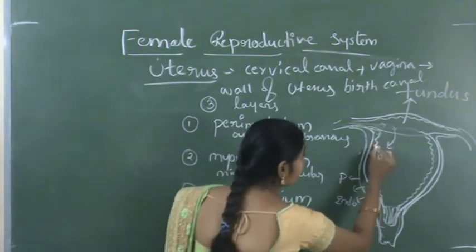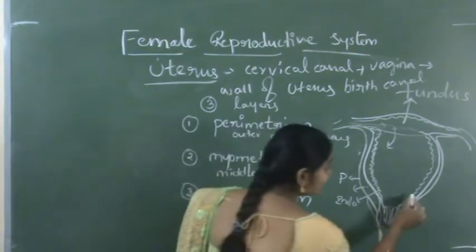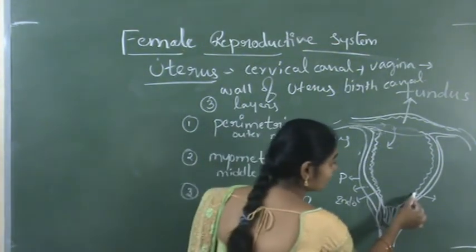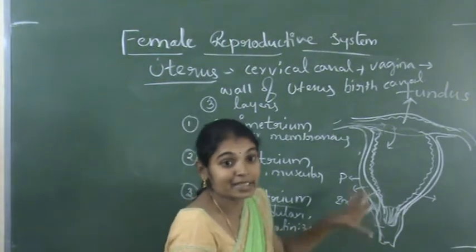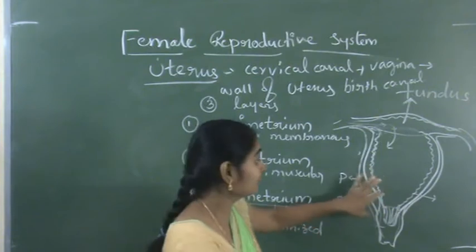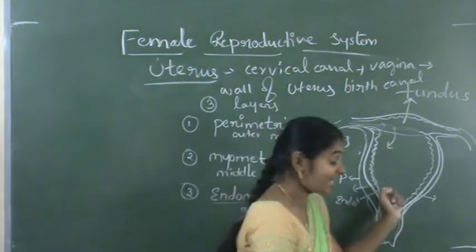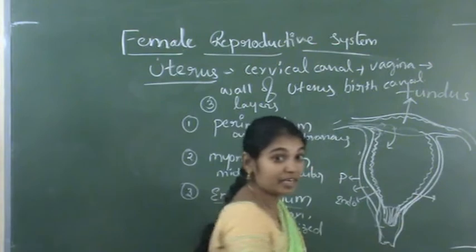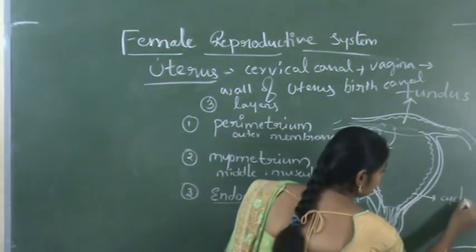This endometrium layer undergoes cyclic changes during the menstrual cycle. During the menstrual cycle, this endometrium is shed off. It is a characteristic feature of mammals, especially primates: human beings, monkeys and apes.